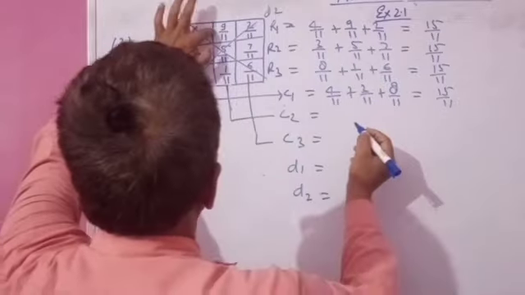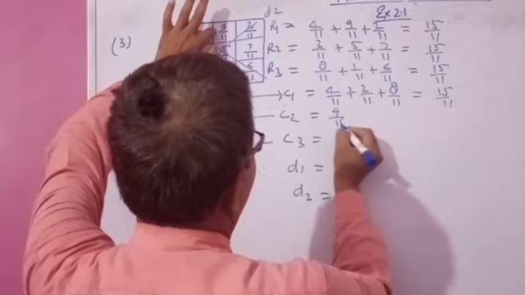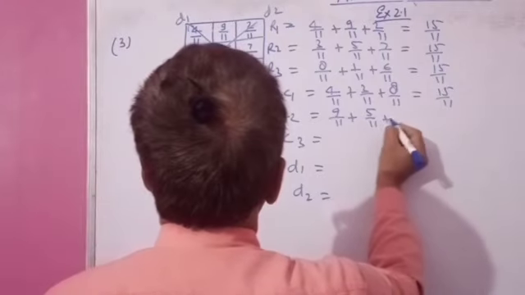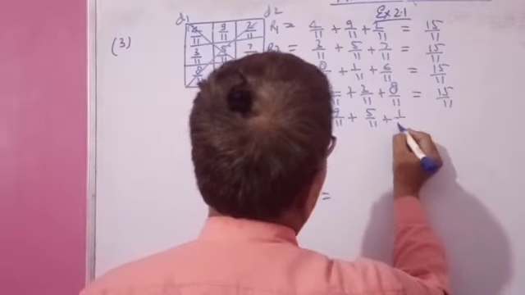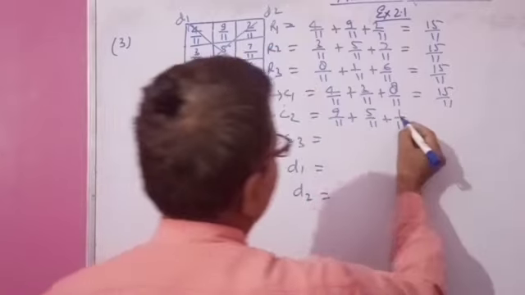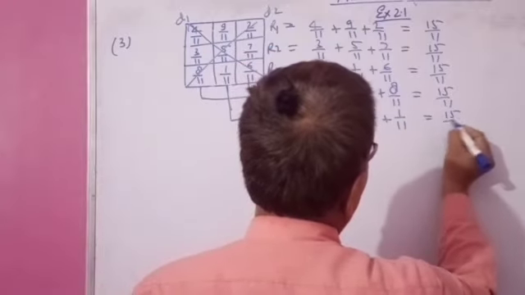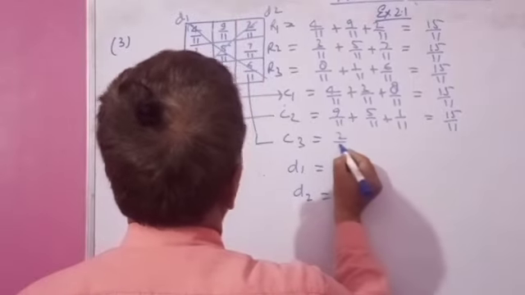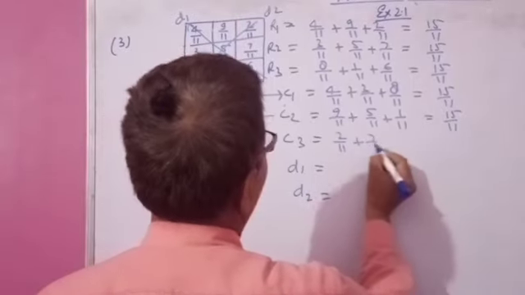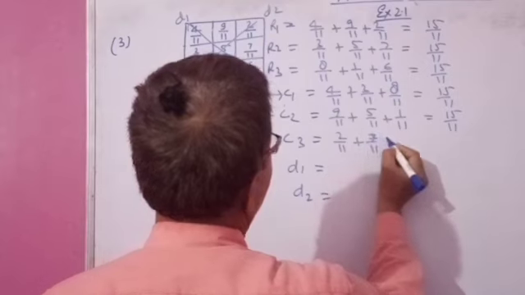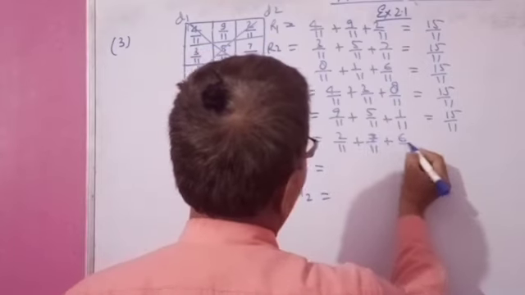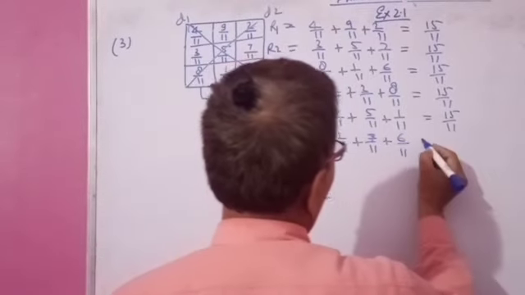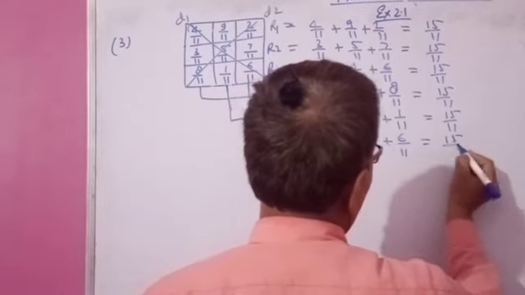And now C2: 9 upon 11 plus 5 upon 11 plus 1 upon 11. 9 plus 5 is 14 plus 1, 15 upon 11. And now C3: 2 upon 11 plus 7 upon 11 plus 6 upon 11. 6 plus 7 is 13, 13 plus 2 is 15 upon 11.